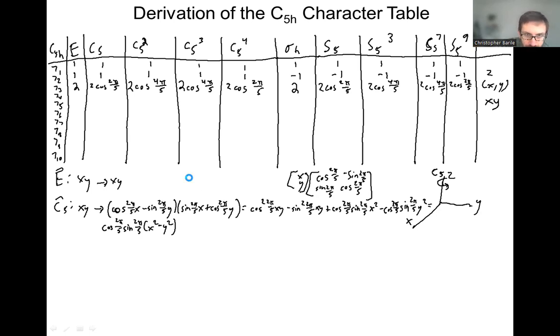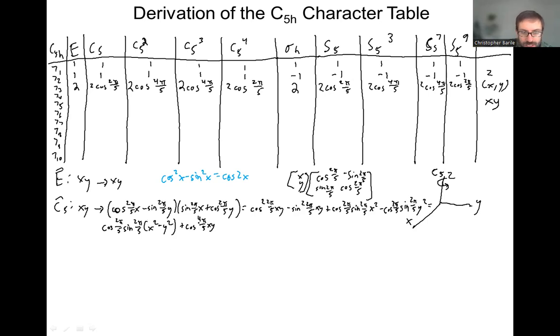There's this relationship in trigonometry you may or may not remember, which is cosine squared x minus sine squared x equals cosine 2x. So let's take advantage of that. Instead of factoring out a cosine squared x minus a sine squared x, we're going to factor out a cosine 2x, which is going to be 4 pi over 5. So then we just get plus cosine 4 pi over 5 xy.